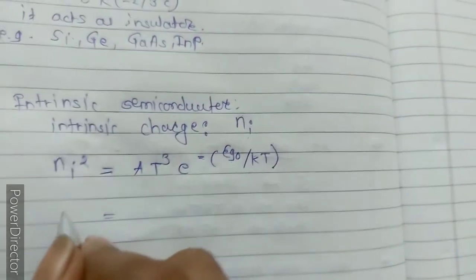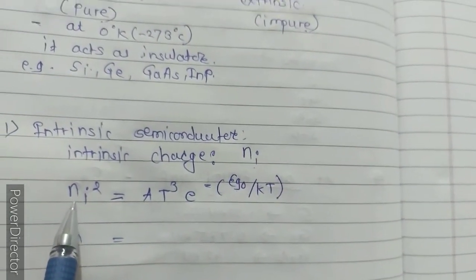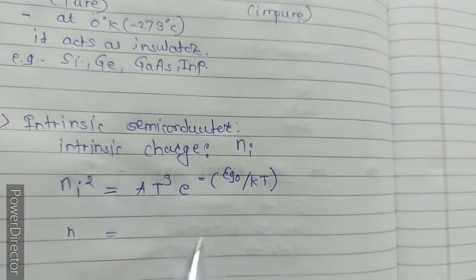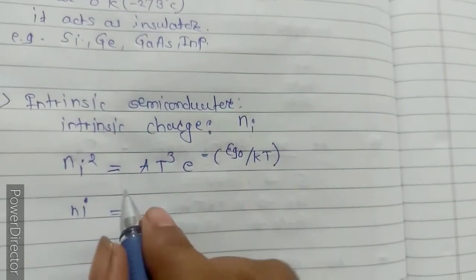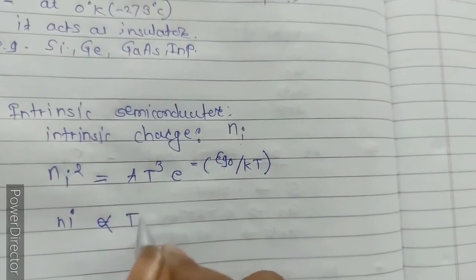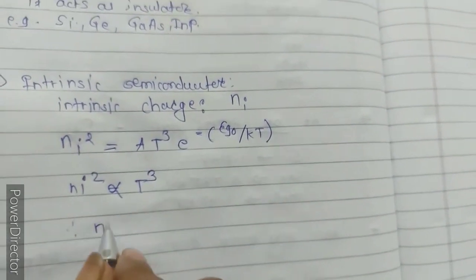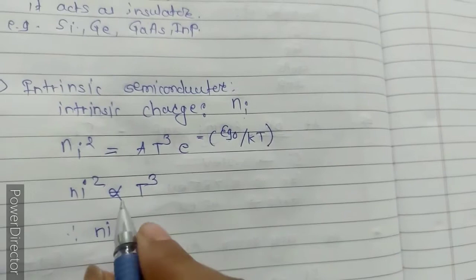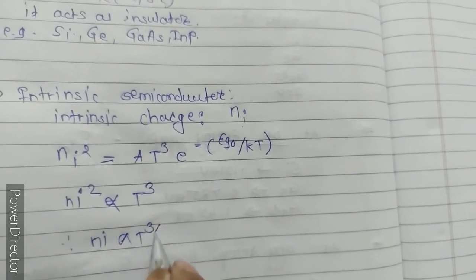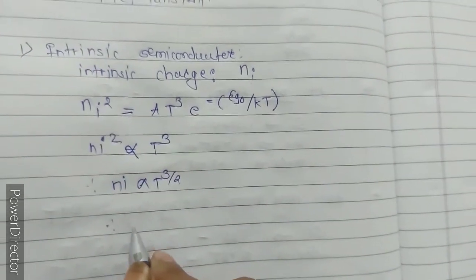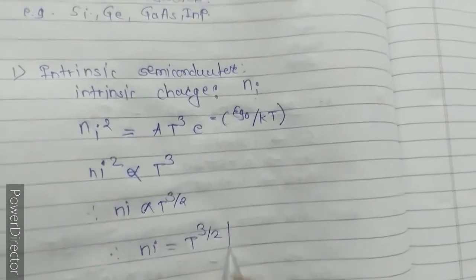So we have to see the relation between intrinsic charge and temperature. Taking the temperature term, Ni squared is directly proportional to T cubed. Therefore Ni is directly proportional to T raised to 3 by 2.